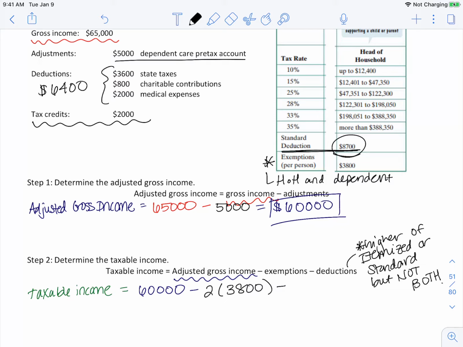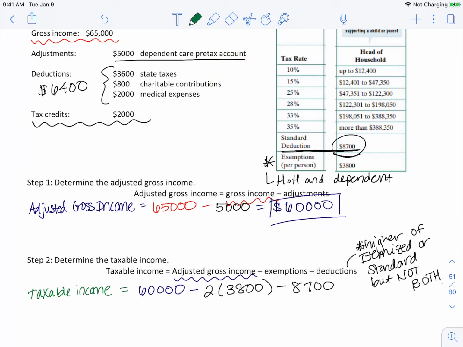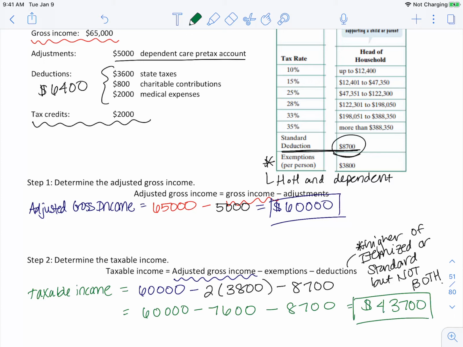So we're going to subtract out $8,700 here. So to get our taxable income, we have $60,000 minus our 2 times 3,800, which is $7,600, minus that standard deduction, $8,700. And so this makes our taxable income $43,700.